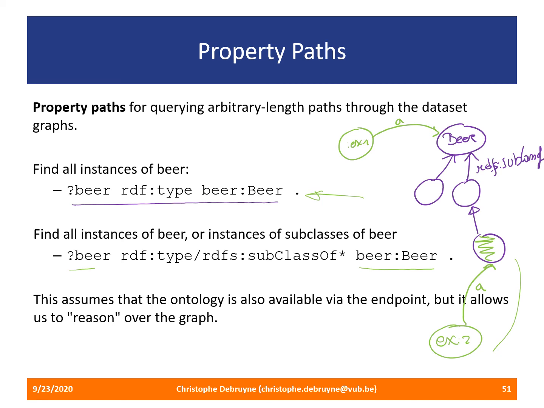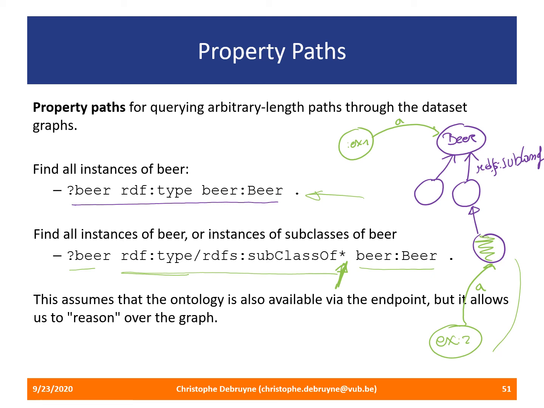So if we want to find all instances of beer or instances of subclasses of beer, we can avail of the following property path. It is an RDF type statement followed by 0 or more RDFS subclass of statements.